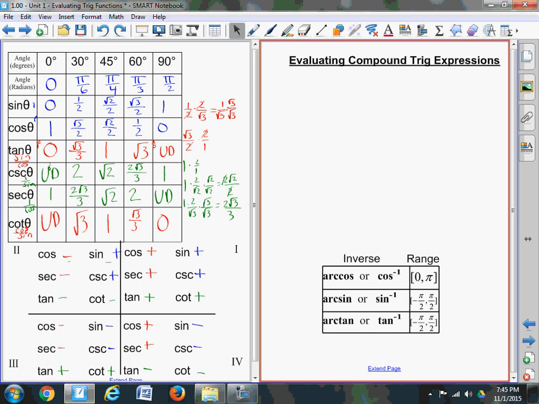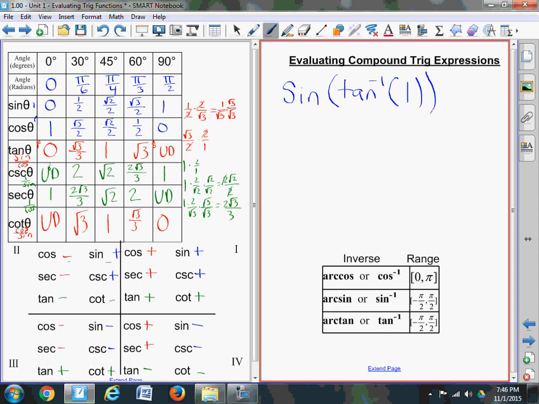All right, so what we mean by compound trig expressions is they are compounded within one another, basically a composite function. So we could say, what is sine of the inverse tangent of 1? Essentially you're finding the sine of the angle that has a tangent of 1.